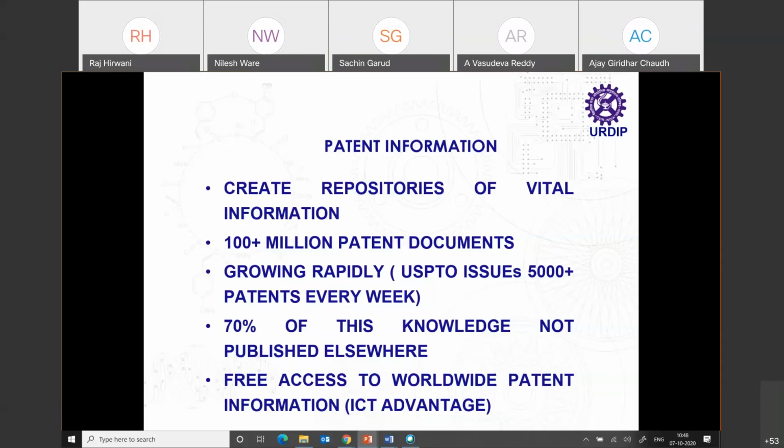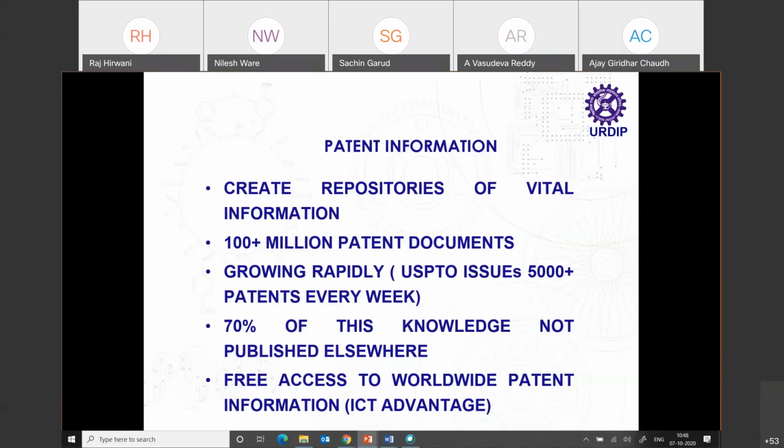But patent information is free. You can sit anywhere, at a railway station, at an airport, at your home. Your mobile is sufficient to access this patent information. And we are not using it, or people who are using it are underutilizing this resource which is freely available.